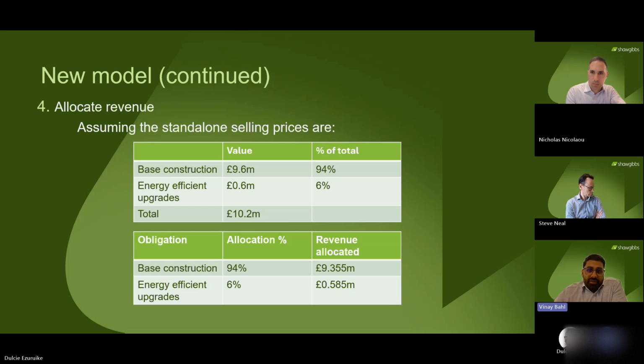So in here, in our scenario, it says the unbundled price was 200k more expensive. So using these percentages, so 94% of the contract is the construction element, and applying that percentage to the transaction price gives you the revenue to be allocated for each obligation.